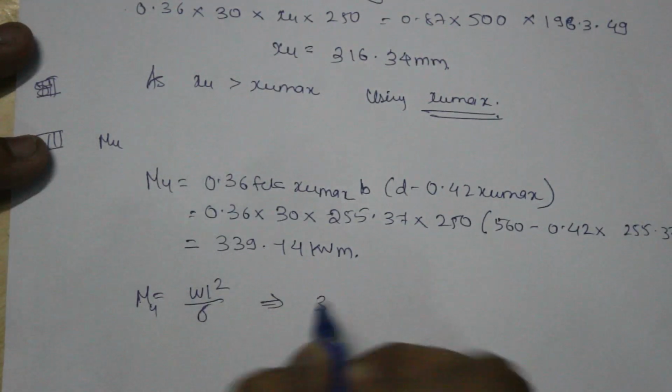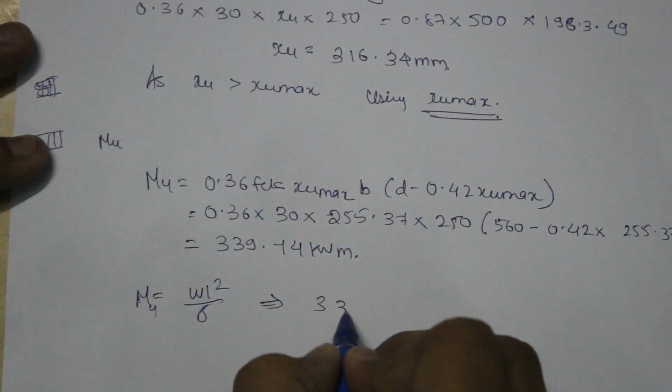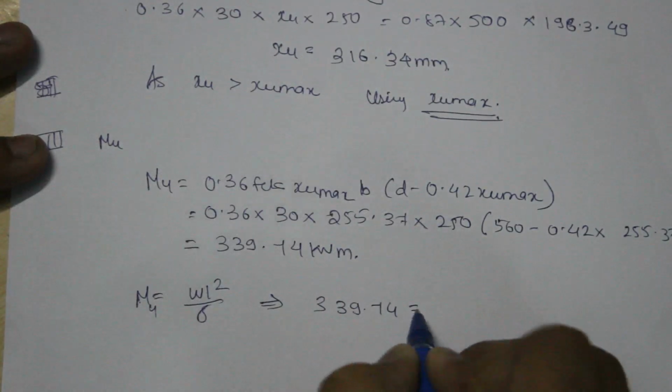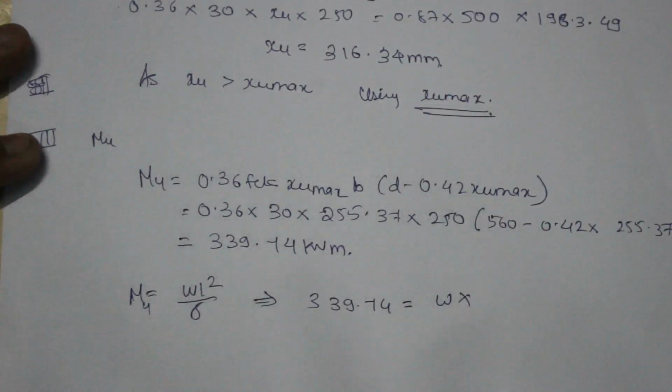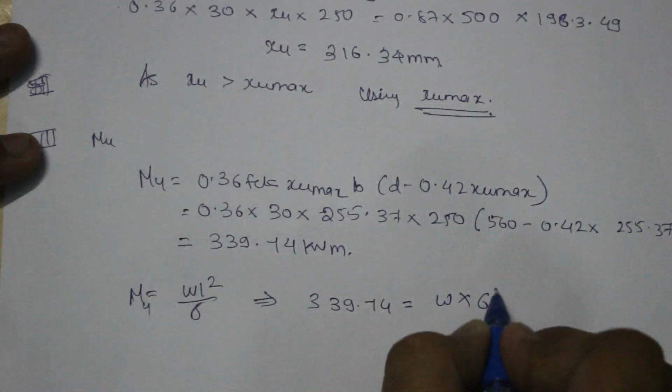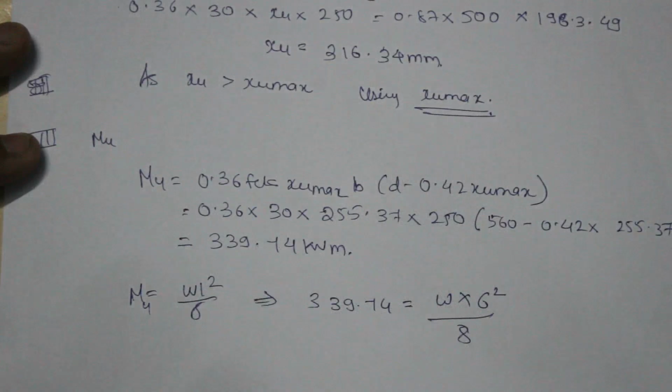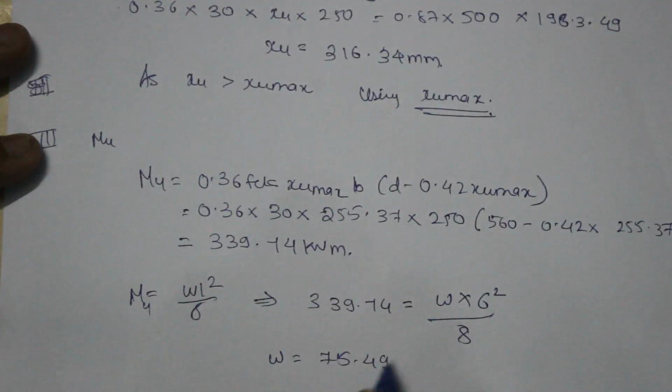So if I plug in all the values here, 339.74 equals W, which is unknown, we have to find out W, multiplied by 6 meter, the span which is given to us, squared, by 8. So we get W as 75.49 kilonewton.